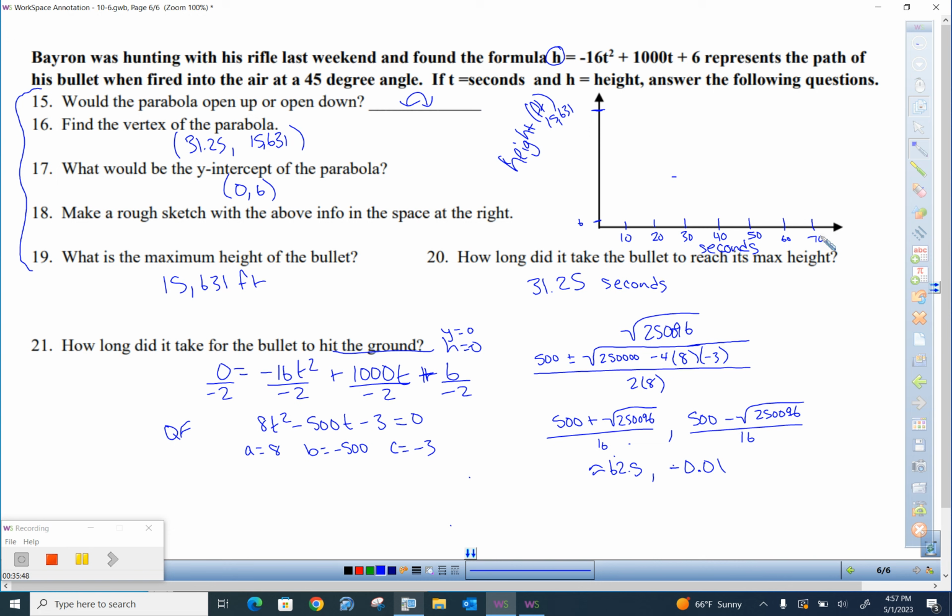So I had my nice point of this 31 way at the maximum. And label that. And then I ended up, must be at this one, the 62 for my x-intercept.